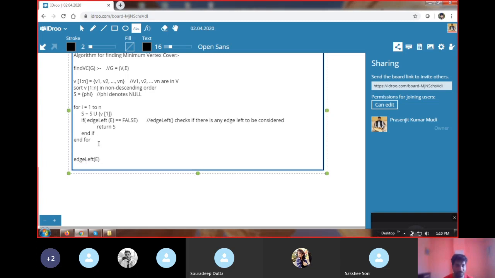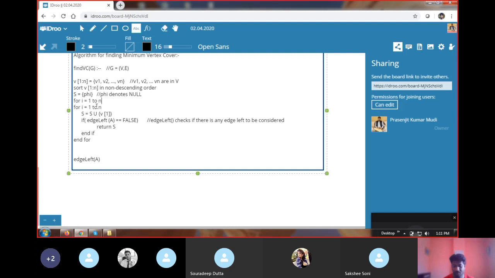For edge left, you provide an adjacency matrix capital A, and you do one thing for i equal to 1 to n.